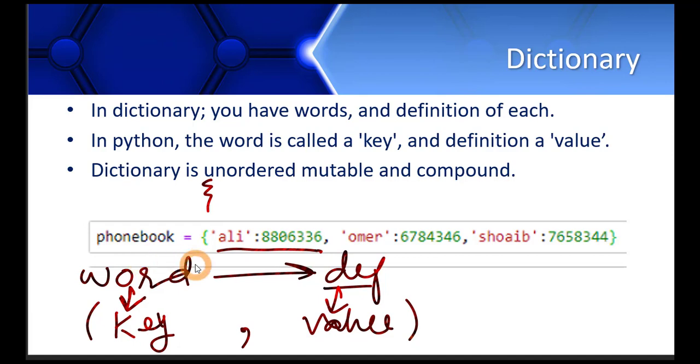So what I have done here is I have written Ali, and this Ali is actually a key, right? This key is followed by a value. So between the key and the value, I have to write a colon, and then after that I can write the value. So this name has this particular phone number, for example, right?